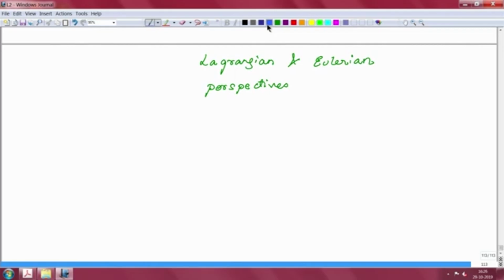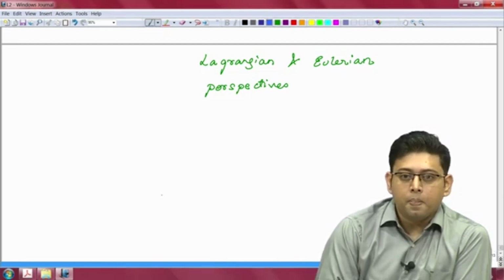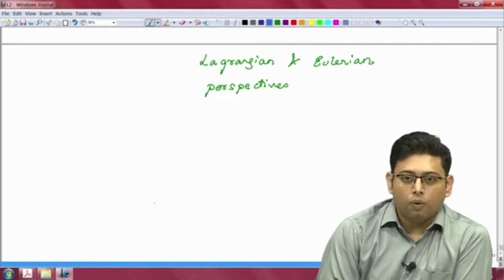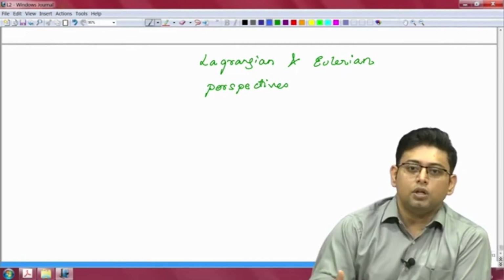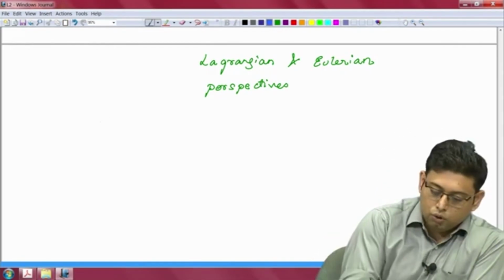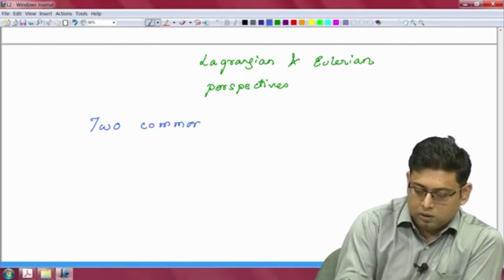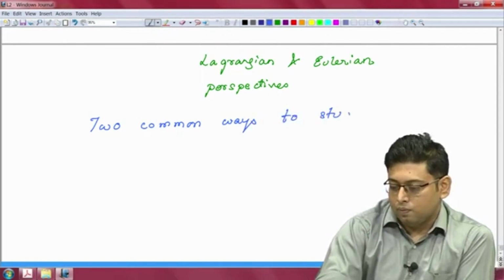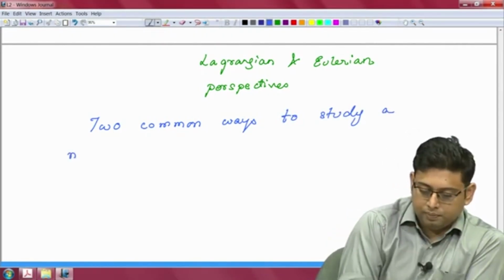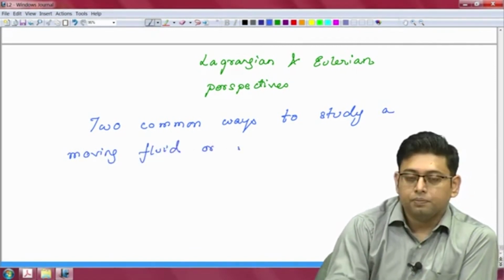Now, Lagrangian and Eulerian perspectives are two perspectives by which you can observe or explain deformation of a material or a flow. These are two perspectives which are based on the person who is observing the flow. So these are two common ways to study a moving fluid or a deforming body.